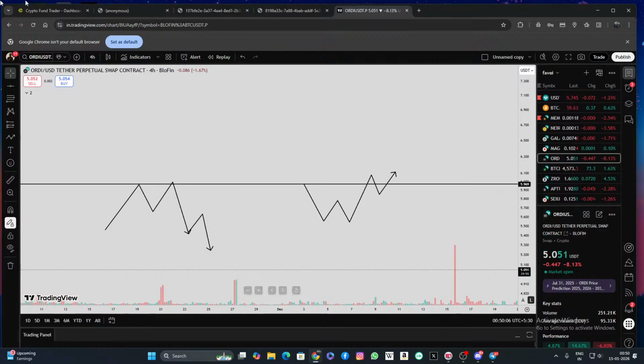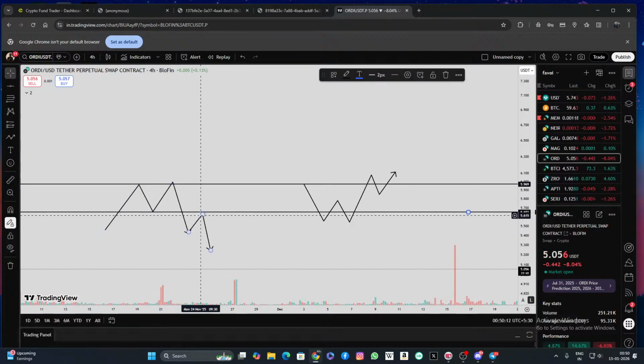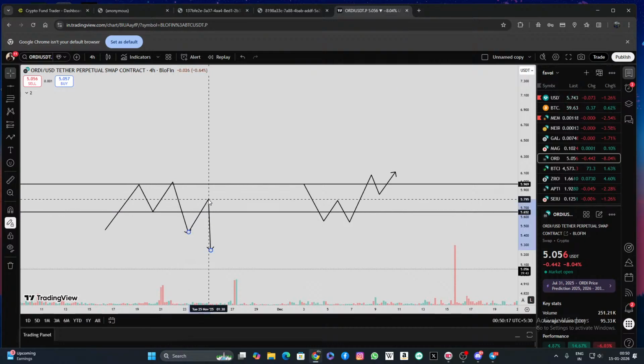So mark the higher low here. Okay, so after a double top is formed, wait for it to make a new higher low.